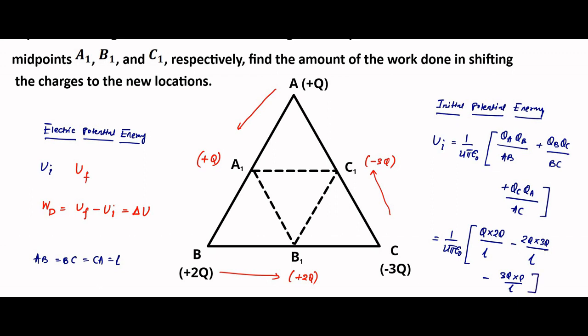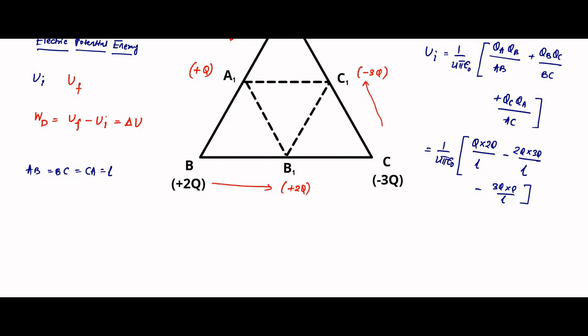This becomes 1 by 4 pi epsilon 0 times 2q square by l minus 6q square by l minus 3q square by l.